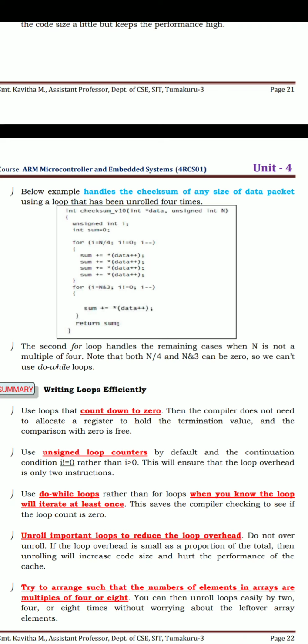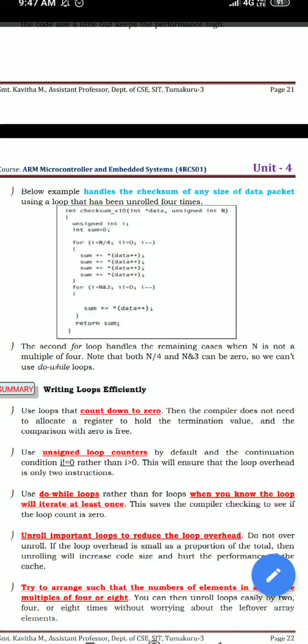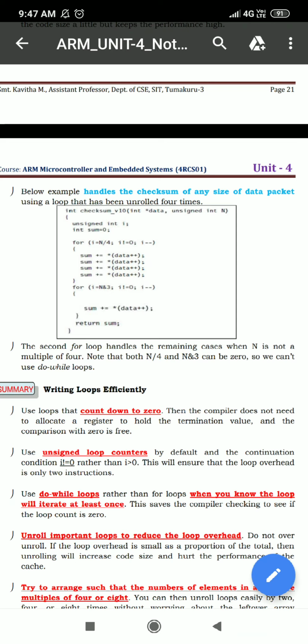We'll see an example number of words to trace this code. Before that, please try to go through the loop headers. The first for loop header is: for i = n/4. This is the initialization of the variable i, and it is a decrement loop: i != 0, i--. And the summation operation is repeated 4 times.